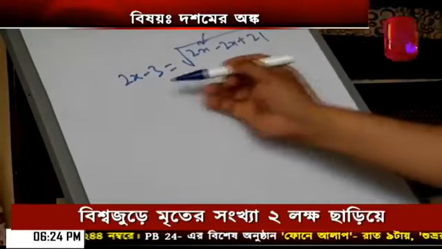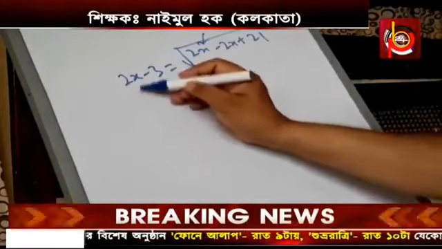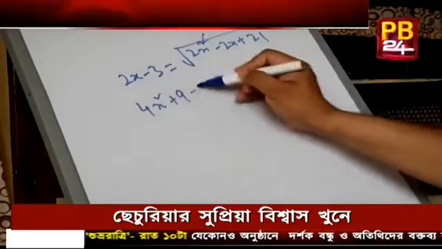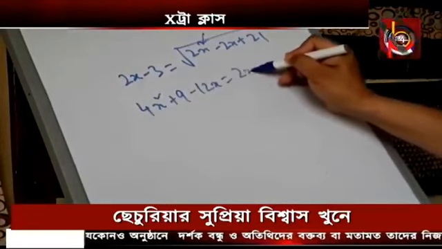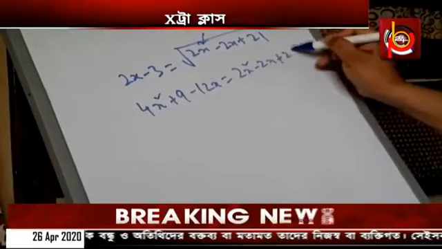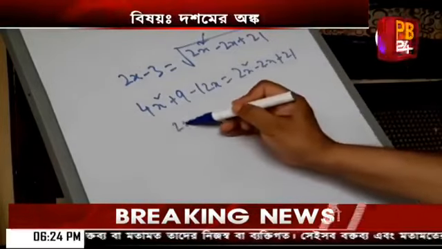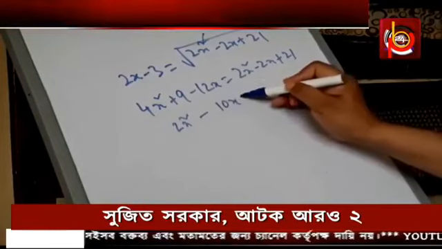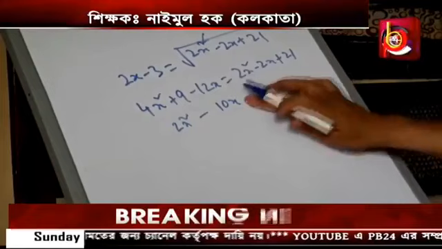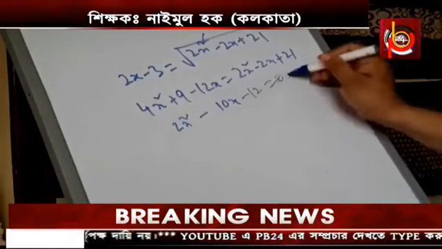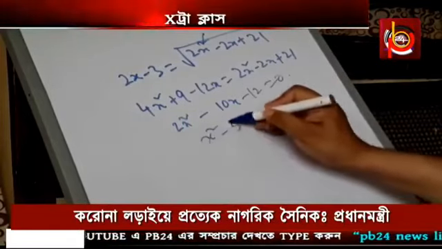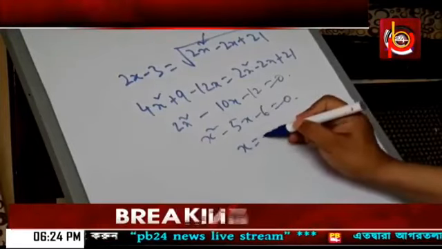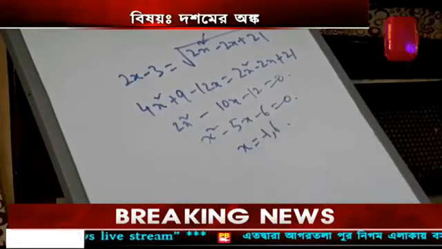See, very quickly I show you, squaring both sides: 4x square plus 9 minus 12x equals to 2x square minus 2x plus 21. So 2x square minus 10x minus 12 equals to 0, means x square minus 5x minus 6 equals to 0, and you know this is x equals to minus 1 and 6. We are getting this.